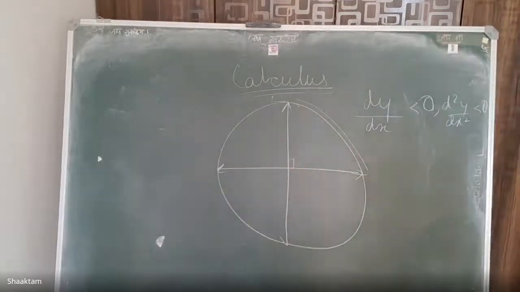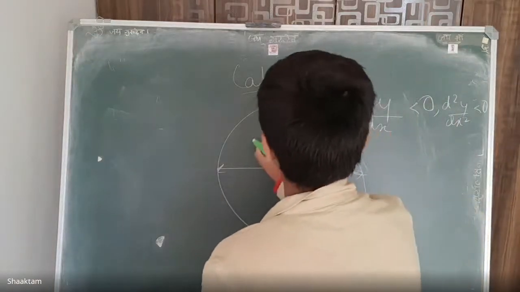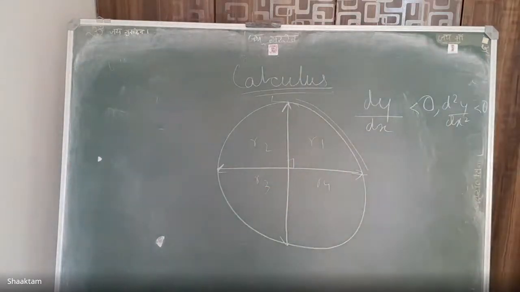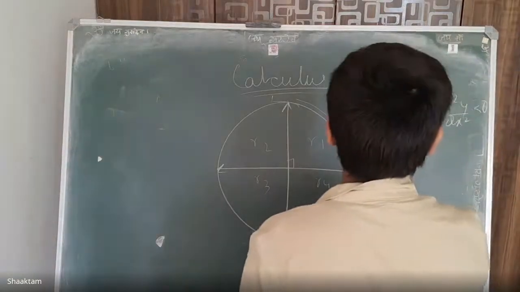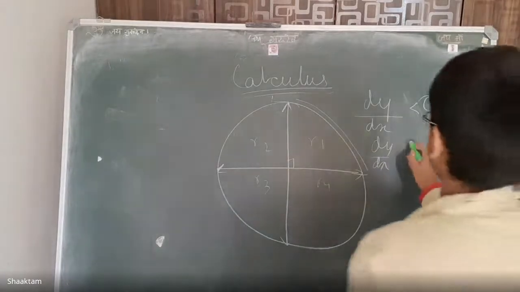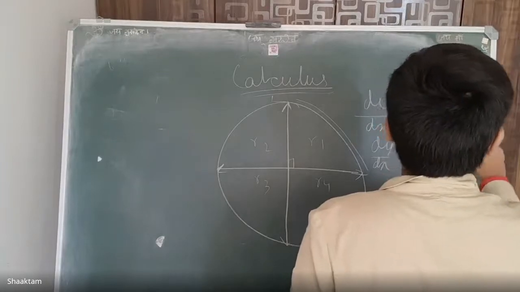Now let me explain after this how we can use this information, because all this information is very important. This is for the first quadrant. Let's say these are R1, R2, R3, and R4. In R1, dy by dx and d2y by dx square are both negative. Secondly, in the second quadrant, dy by dx is positive, d2y by dx square still negative.